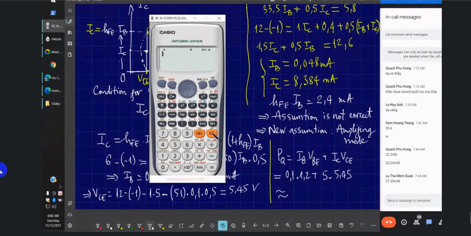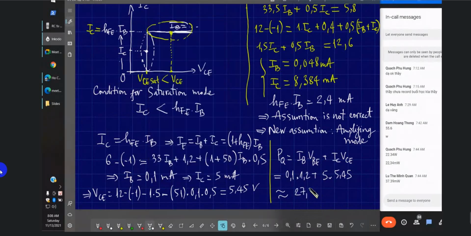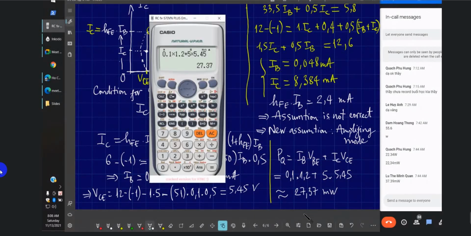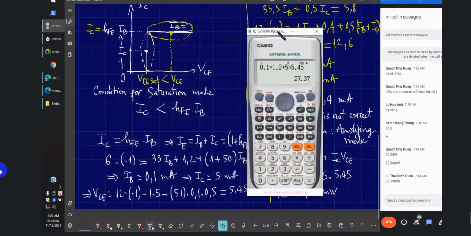So 0.1 multiplied with 1.2 plus 5 multiplied with 5.45, and it is 27.37 milliwatt. Am I right or not? So you are wrong, man.